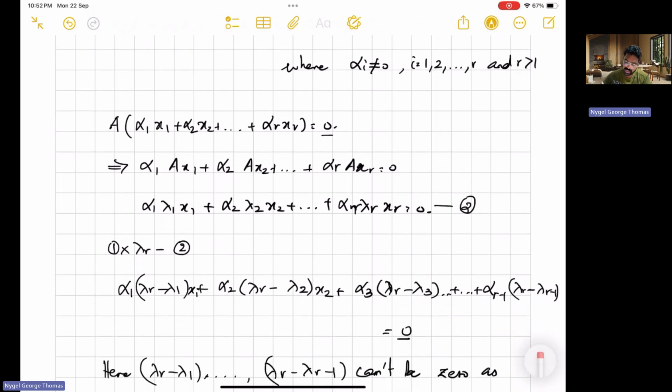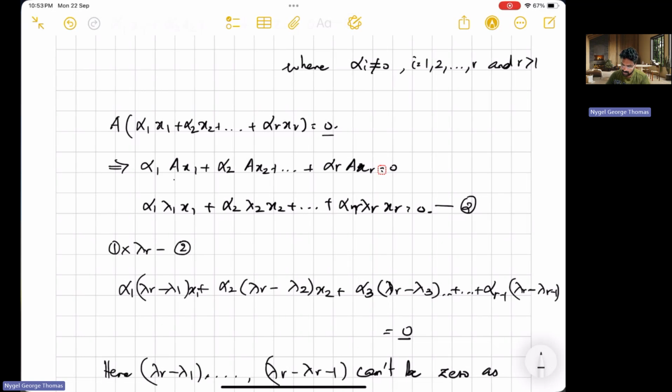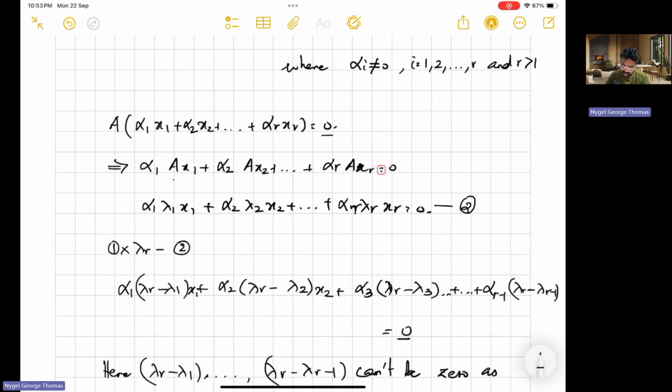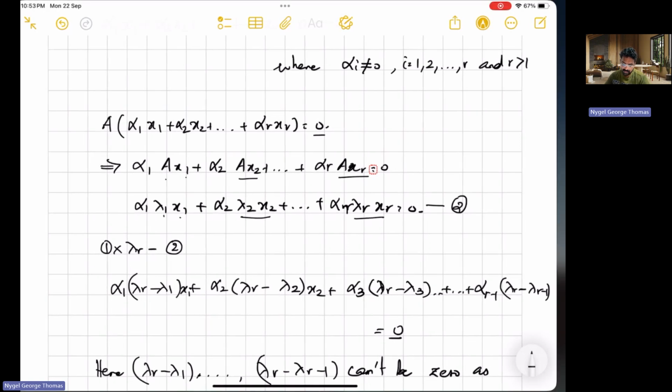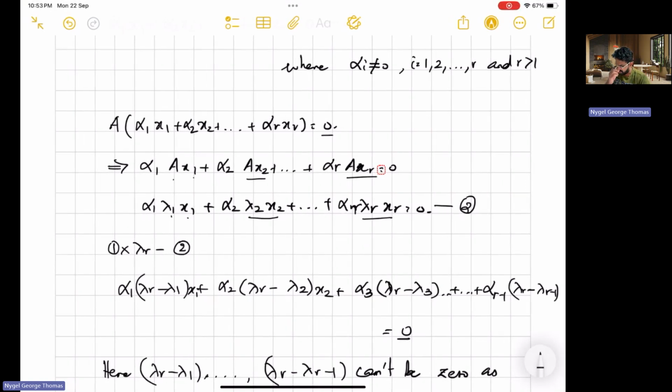Now, for this vector equation, we pre-multiply with A. A times 0 on the right side is again the zero vector. On the left side, you have alpha 1 A x1, alpha 2 A x2, plus alpha r A xr. Since these are eigenvectors, A x1 will be equal to lambda 1 x1, similarly A x2 equals lambda 2 x2, and A xr equals lambda r xr.